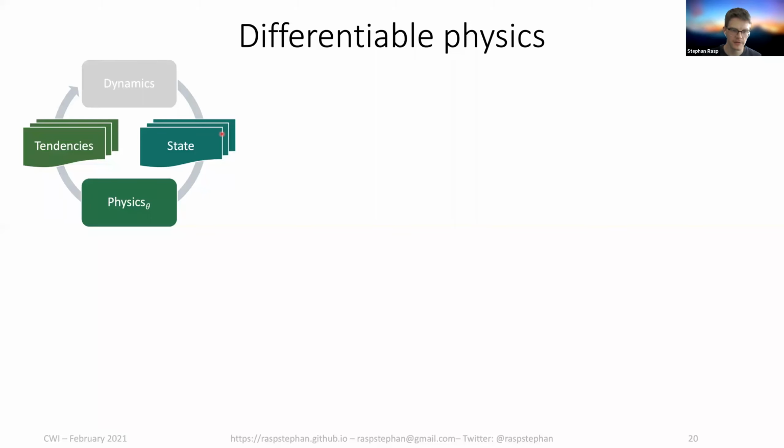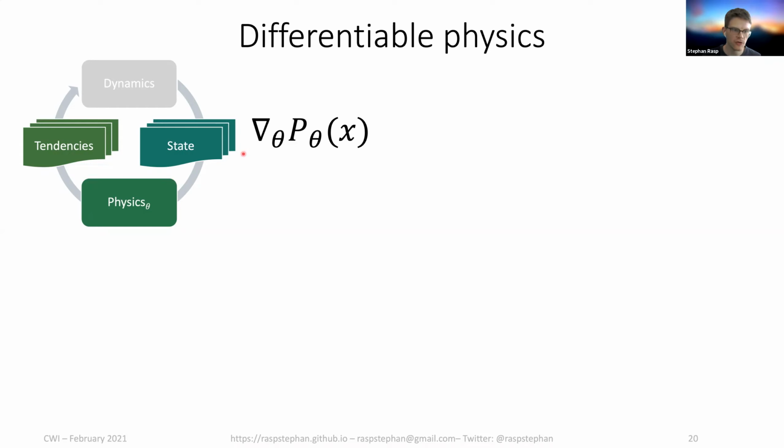If you look at what we've done so far, we've built this training data set and trained a neural network, and of course, we learn by gradient descent, and we're only going to talk about gradient-based learning now. So this requires our physics, which is a neural network, to be differentiable, which is of course given, because that's how neural networks work.